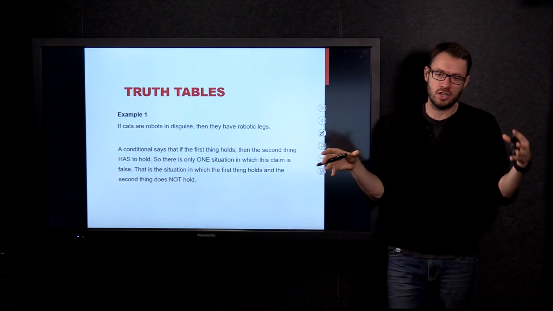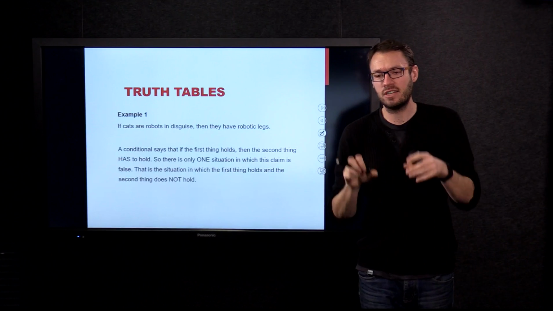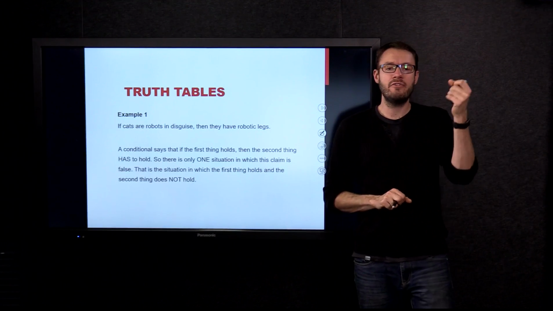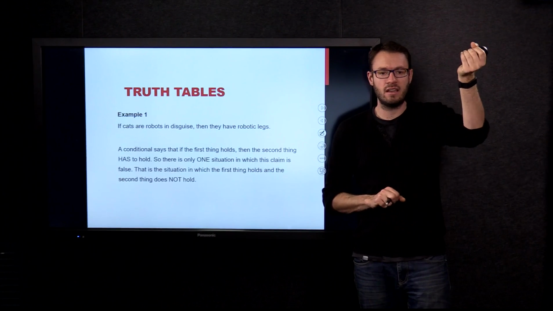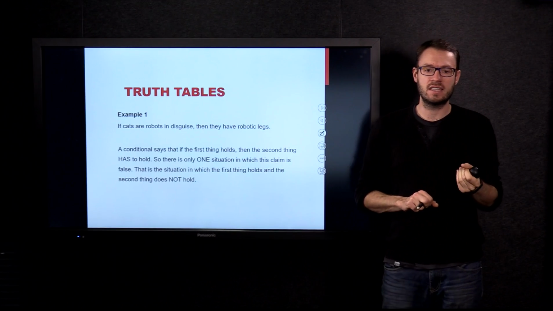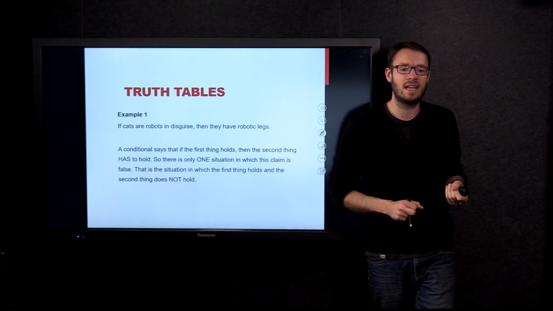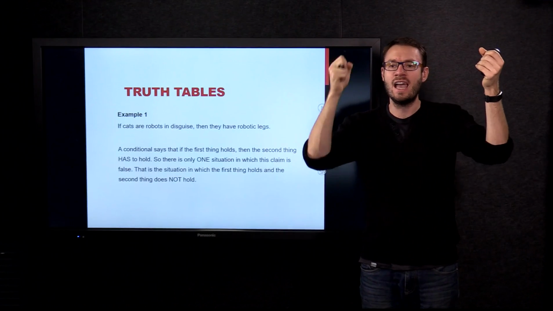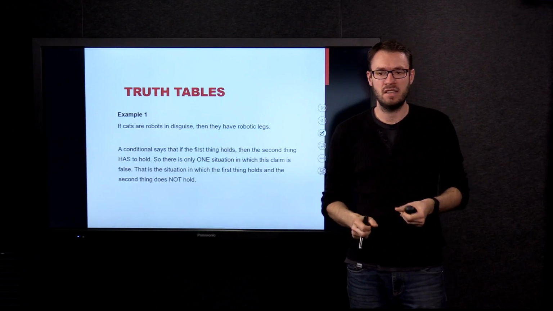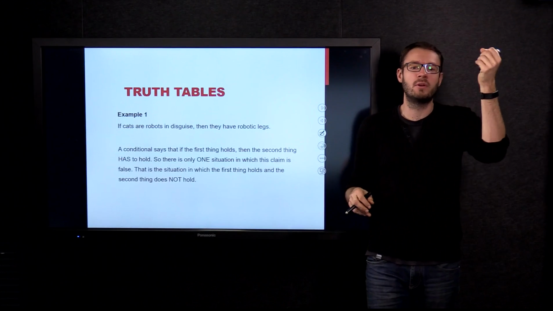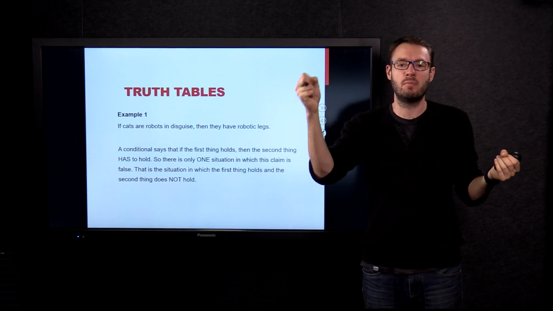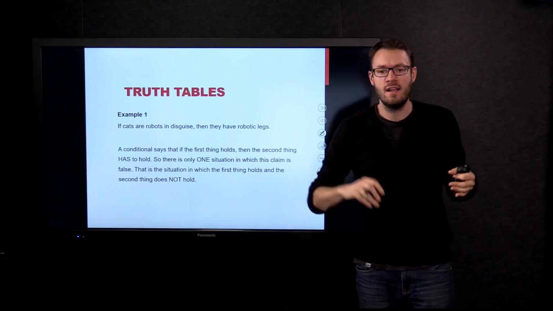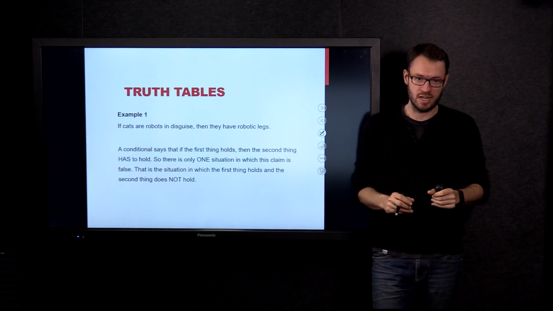Now basically what a conditional tells you, and this is the key thing to understand about a conditional, is that it says that if the first thing holds, if you have the first thing, which is the thing on the left-hand side of that if-then statement, then you have to have the second thing, right? That's what the conditional is saying. So if cats are robots in disguise, then they have to have robotic legs. Their being robots in disguise forces them to have robotic legs if this conditional statement is true.